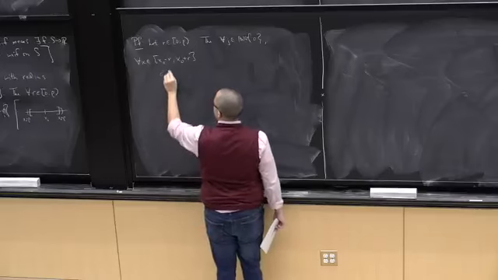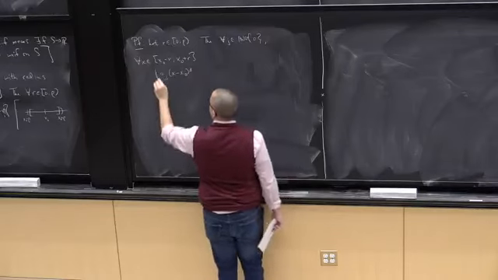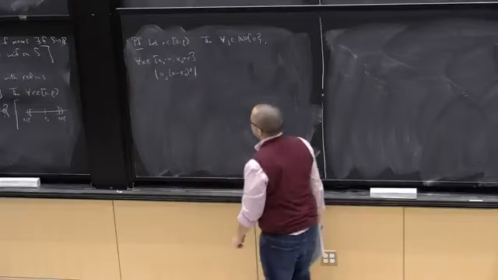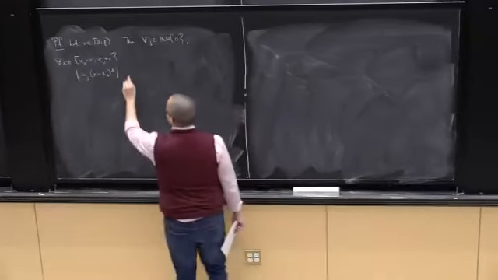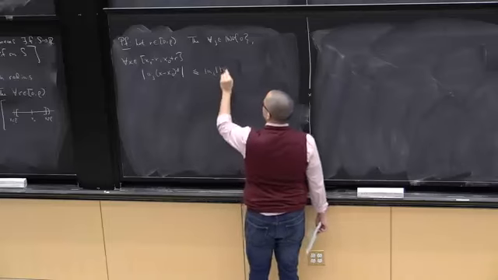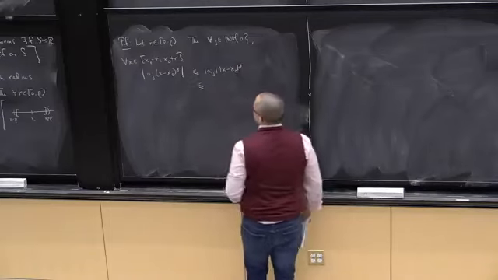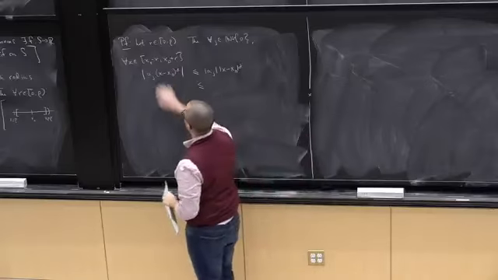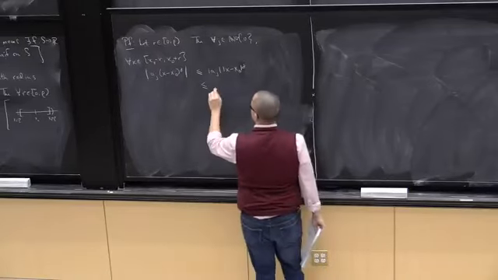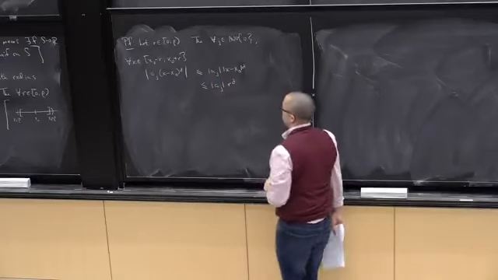this function a sub j, x minus x naught to the j, in absolute value, what is this bounded by? This is bounded by absolute value of aj, and then because x is in this interval, its distance to x naught is less than or equal to r. So r to the j.